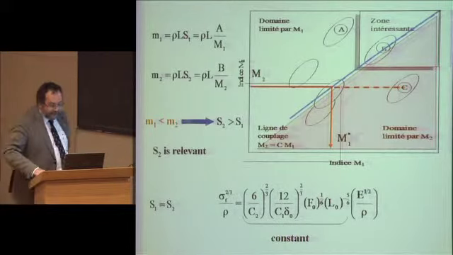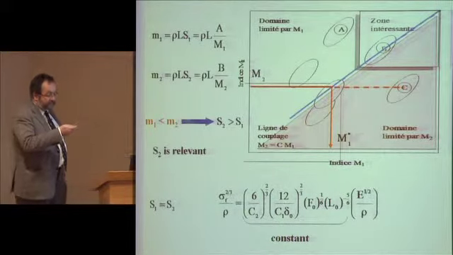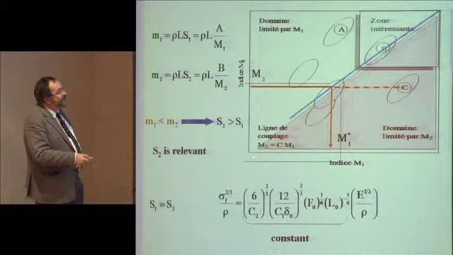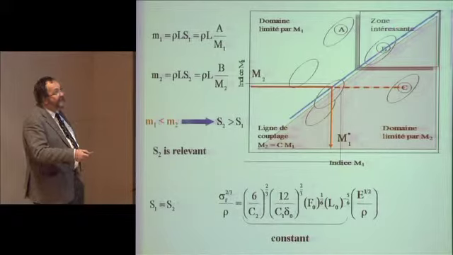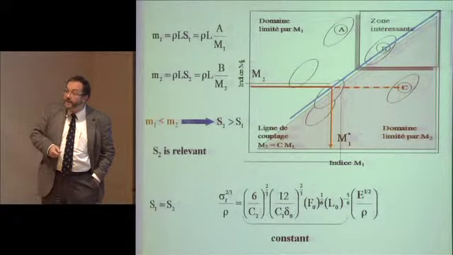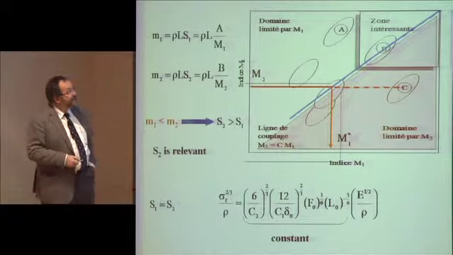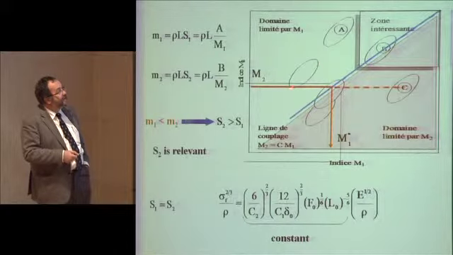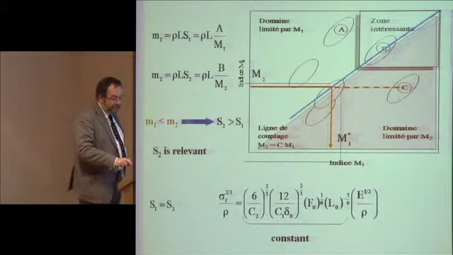How does this look graphically? This is the graph. You have your two performance indices here, M1, M2. You have the coupling line here, where the limitation is equivalent. If you're in this area here, you are limited by M2. If you're in this zone, you're limited by M1.